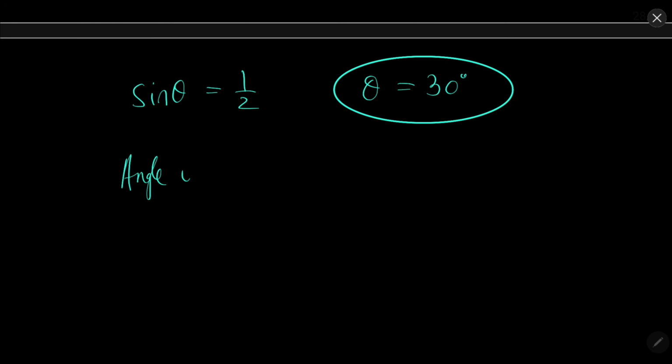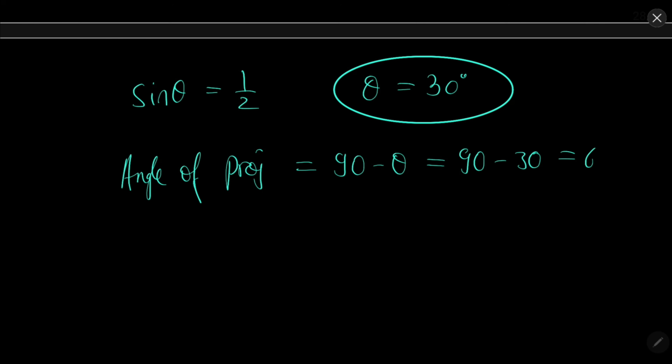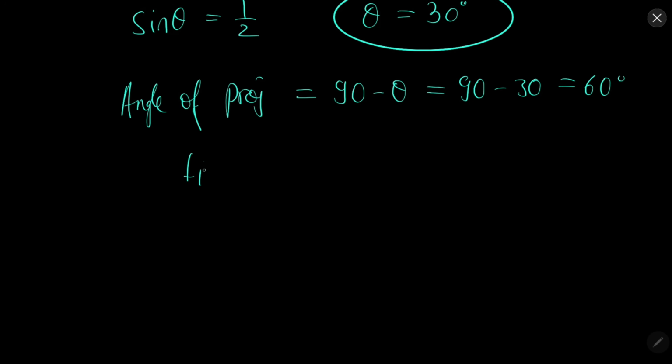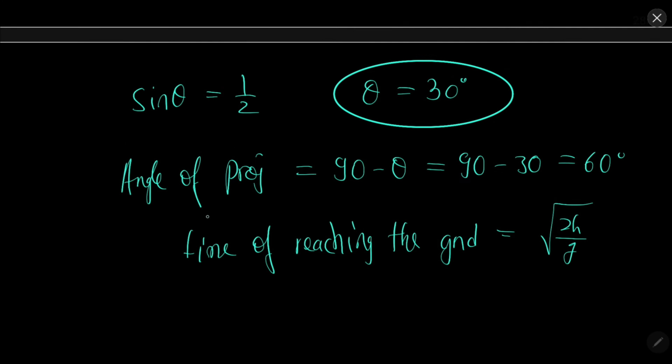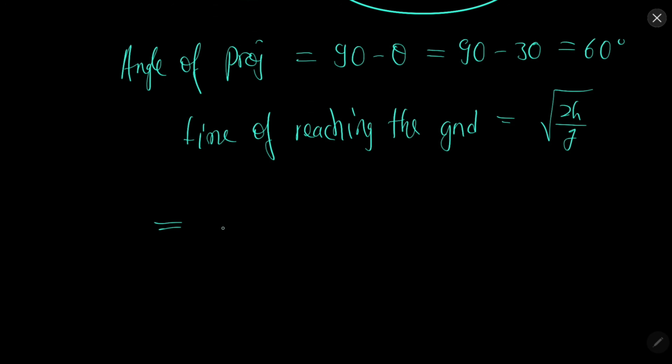Angle of projection will be 90 minus theta, that is 90 minus 30, that is 60 degree. Now time of reaching the ground, root 2h over g. So we can find it after simplifying. You will find that it will be 0.247 second.